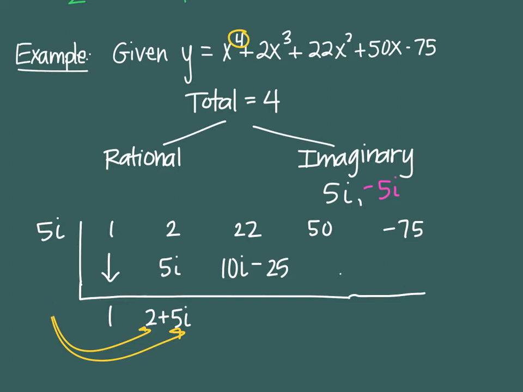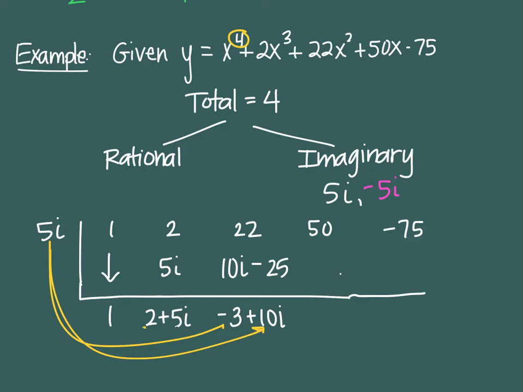Now let's combine those and see what I have. So I end up with negative 3 plus 10i. Do it again. Take the 5i on the outside and distribute. What do I get?